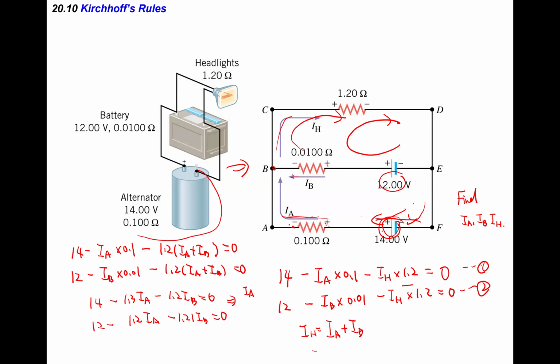So you can get IA in terms of IB. IA will be equal to (14 minus 1.2 IB) over 1.3, and then put your IA into this equation, and you can get an equation for IB. Let me do the calculation here.